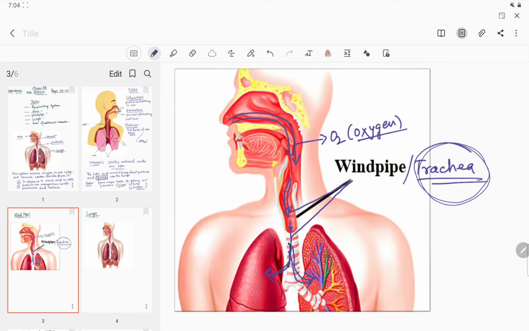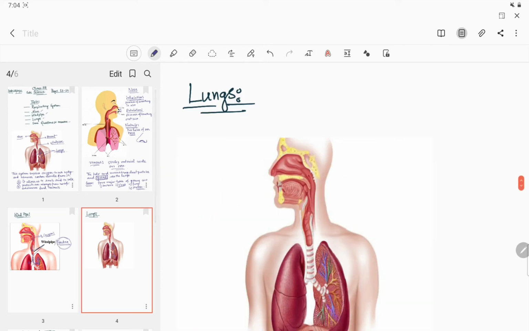Now coming to the next vital internal organ. It plays a vital role in the respiratory system. Okay, so this is our lungs.